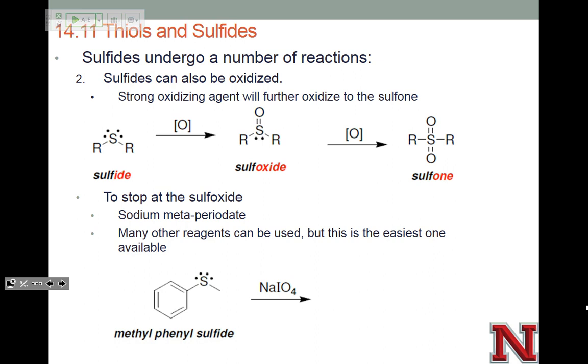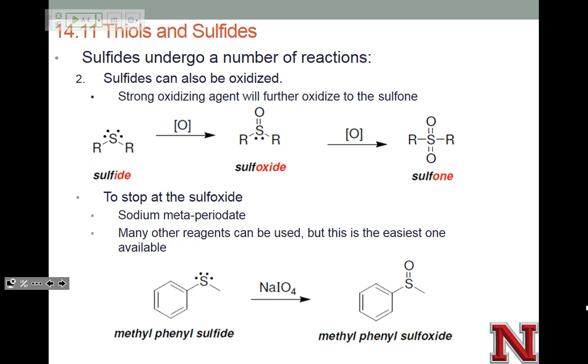To stop at the sulfoxide, there's a couple of reagents, but the one you need to know is sodium metaperiodate, NaIO4. NaIO4 will stop at the sulfoxide. You don't need to know any other reagent, but you do need to know that one. So here we have this example, and we would stop here.